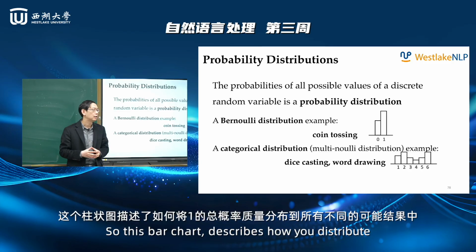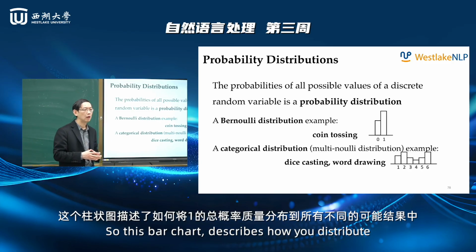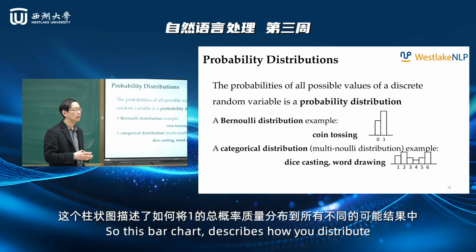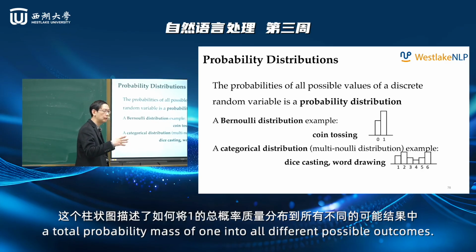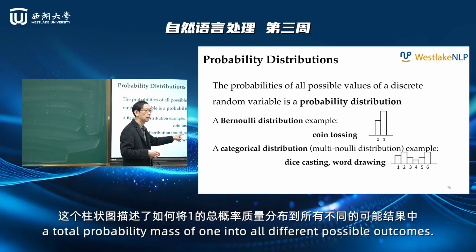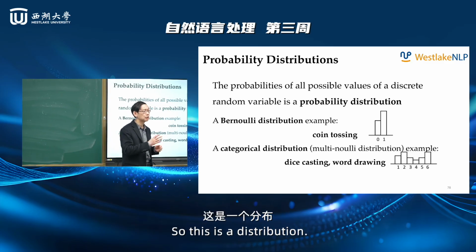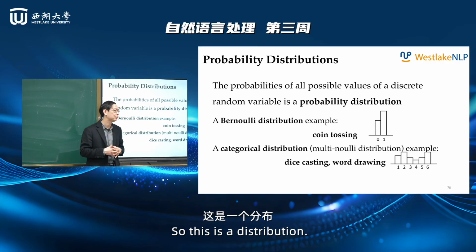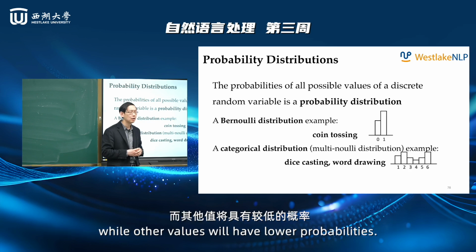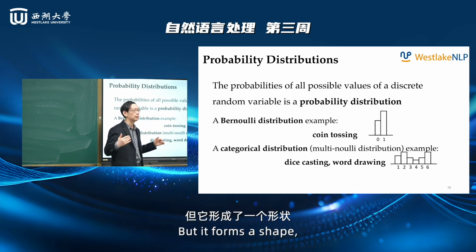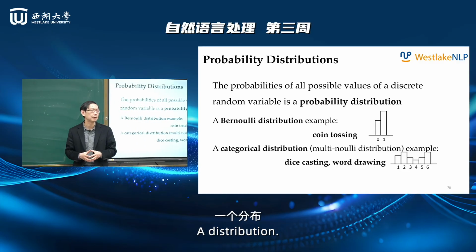This bar chart describes how you distribute a total probability mass of 1 into all different possible outcomes. So this is a distribution. Some values of the random variable will have higher probabilities, while other values will have lower probabilities, but it forms a shape, a distribution.